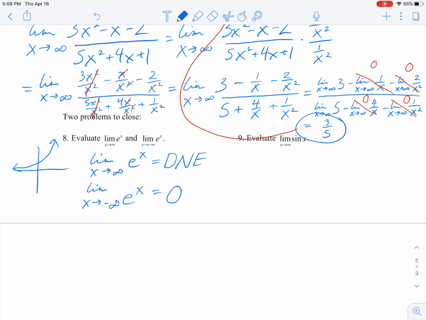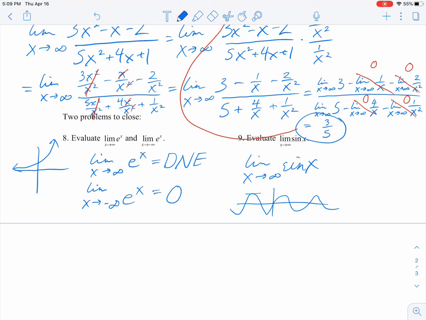Now, a different case. The limit as x goes to infinity of the sine of x. Now, this is a situation where we don't have infinite growth, but we do have a graph that is constantly oscillating.